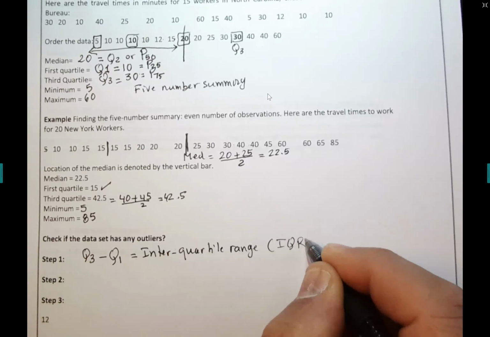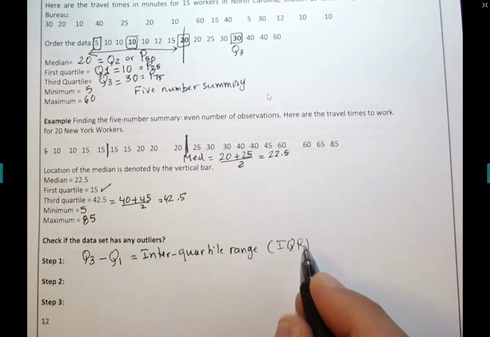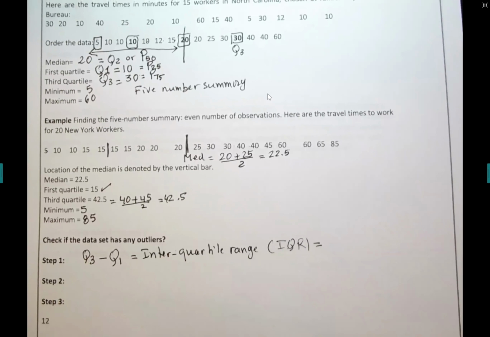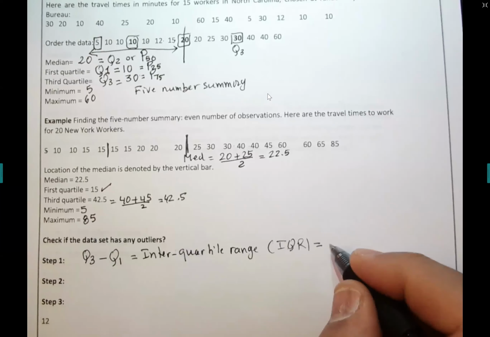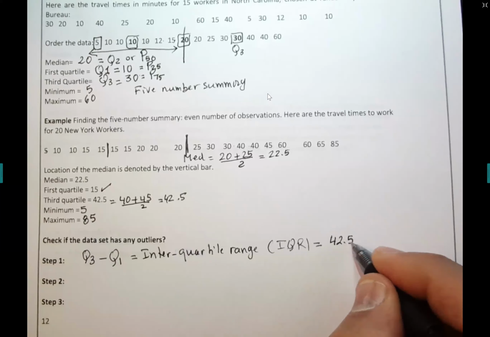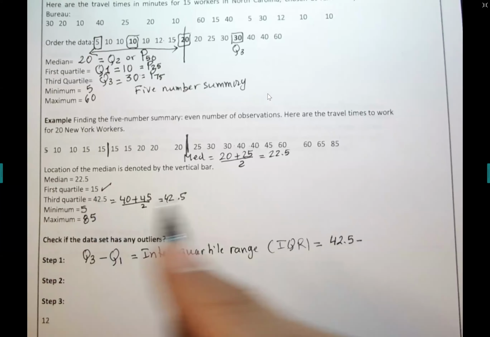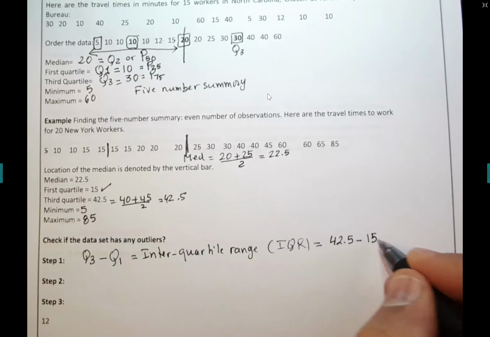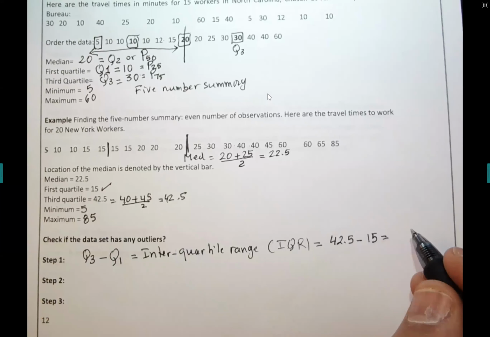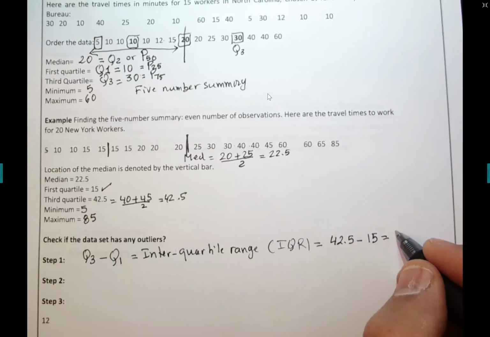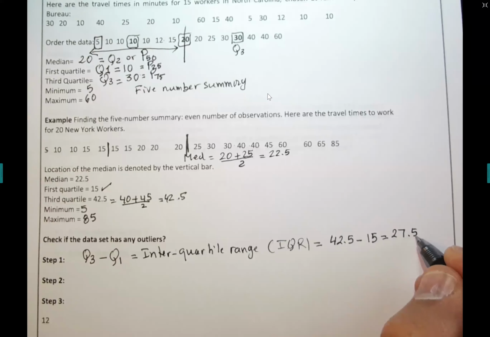In the book, they call it IQR, interquartile range. I already have Q3, which is 42.5, and I have Q1, guys, which is 15. And if you subtract, what do you get? 27.5. That's step one.